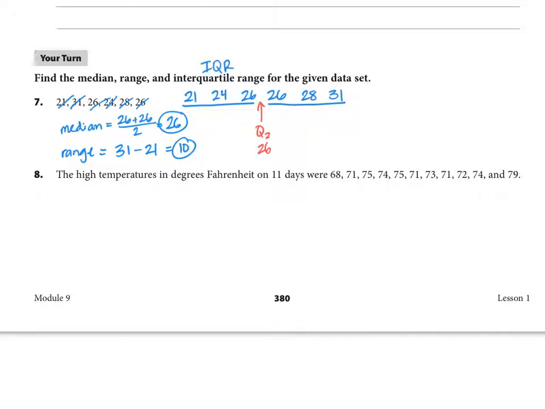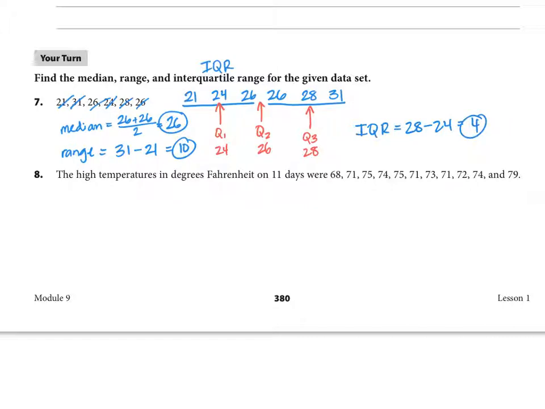So that means the median of the left 3 numbers is my Q1, which is 24. And the median of the upper half, we call that Q3, which is 28. And that leads us to our IQR of Q3 minus Q1, that's 28 minus 24, which is 4.